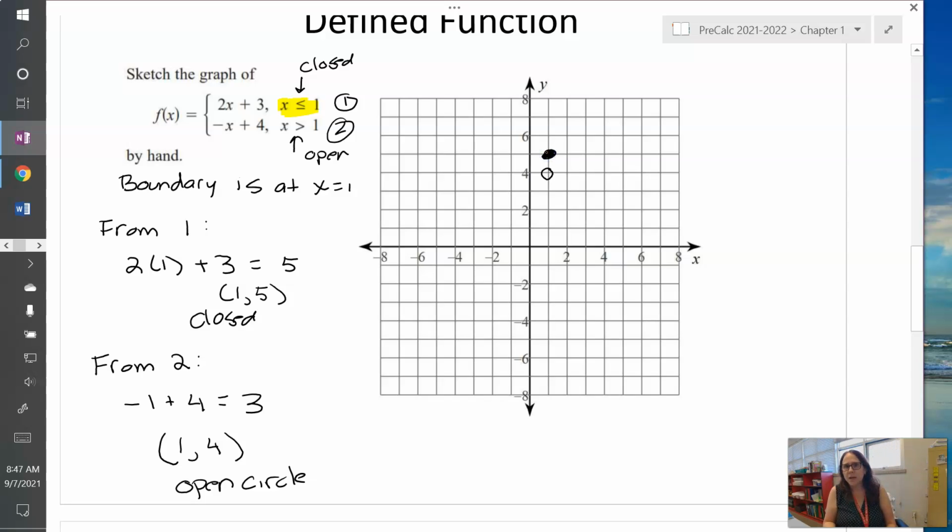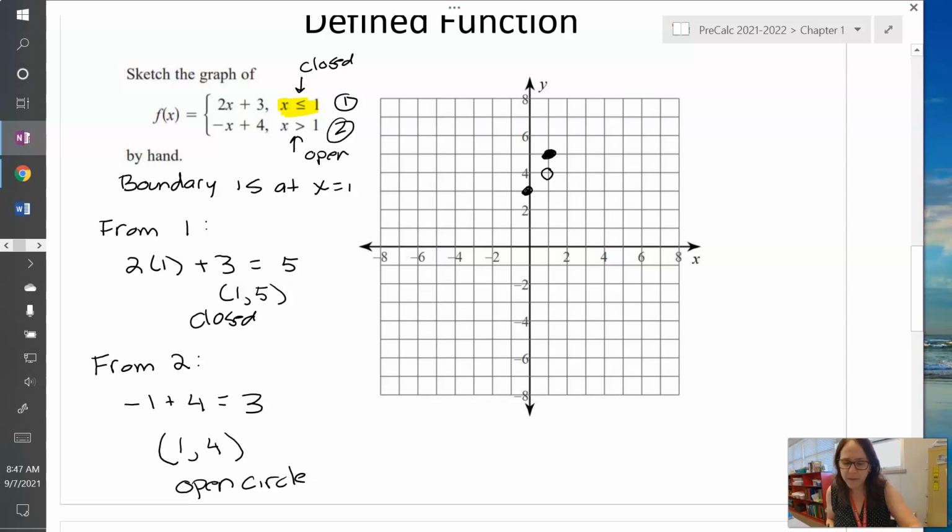2x plus 3 is a line. It's linear. The slope is 2. To get another point, I'm going to use the slope. It's less than 1, so I'm not going to go to the right. I'm going to go this way. To get a slope of +2, down 2, over 1.